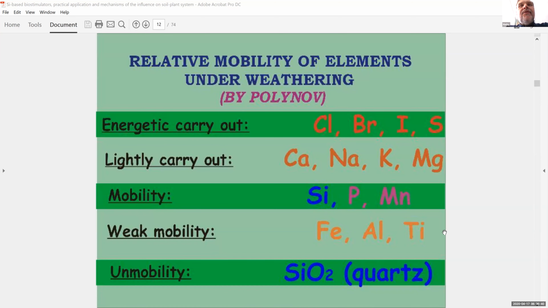If we look at the classification of elements by mobility, we can find silica in two positions. The first is immobile, like quartz sand and other inert material, and the other is a mobile form.